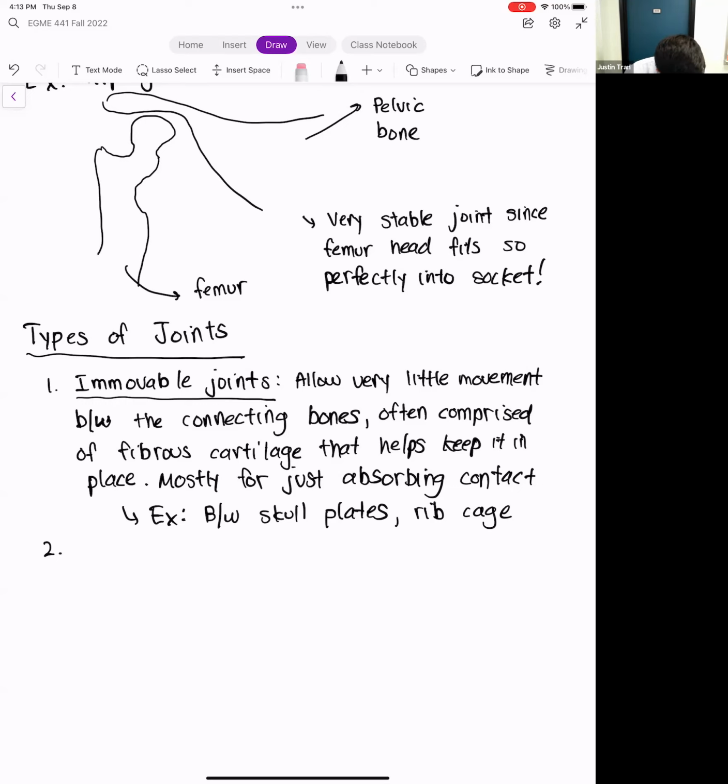The first type of joint we'll go over is a hinge joint. In these types of joints, the articulating bones, or the bones that comprise the joint, form a hinge.